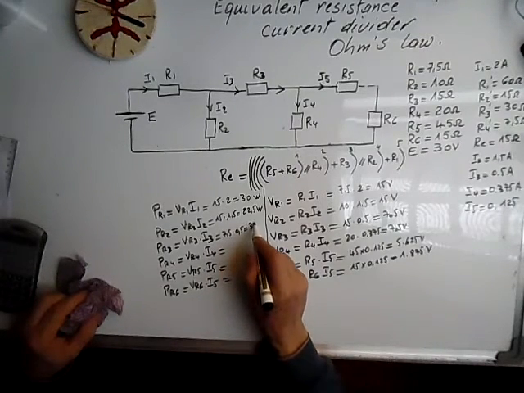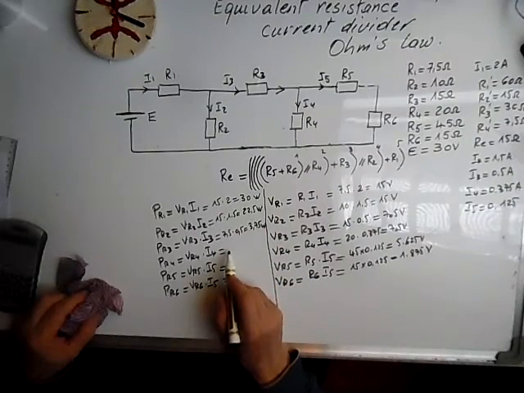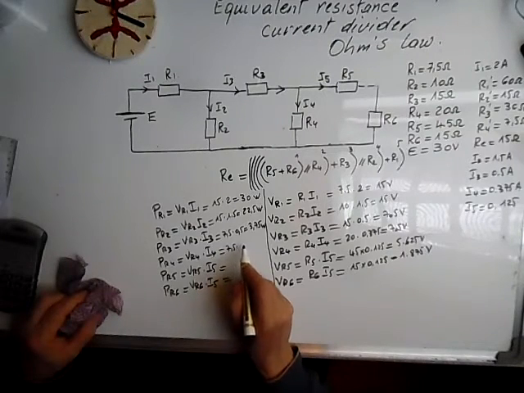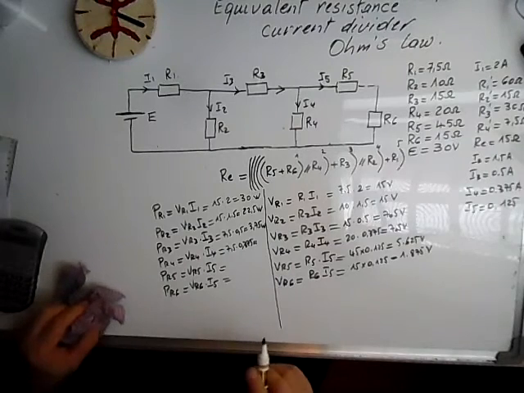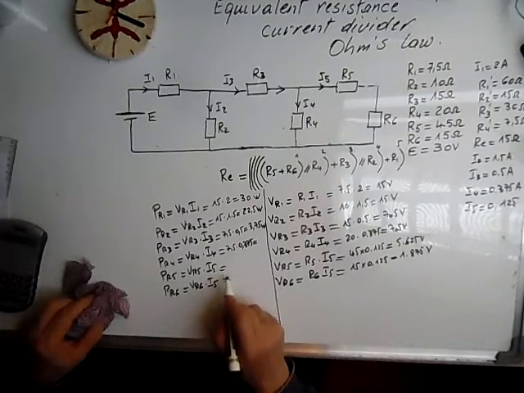That is 3.75 watts. And here VR4, 7.5 times I4, 0.375, and is equal to, well, I'll write the results later.